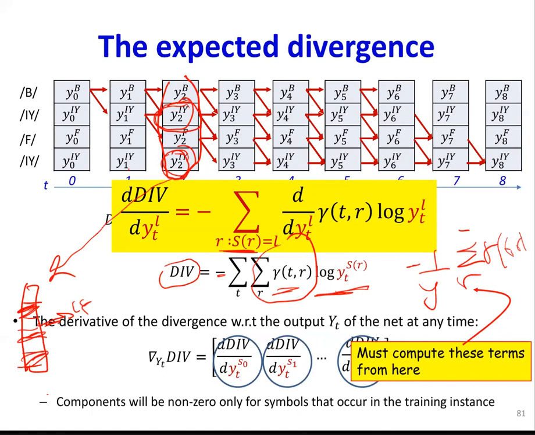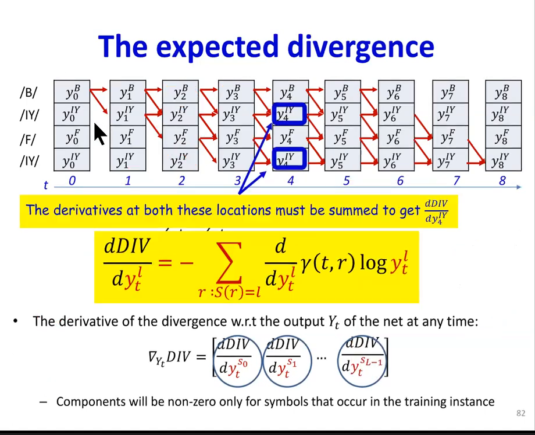Merin, did that answer your question? Yes, it's clear now. Okay, so that's very easy to compute, not fancy. And so basically, to get the derivative with respect to y of E, I must be summing the contributions of both of these. And so the overall derivative of the divergence with respect to the output of the network will have a bunch of zeros corresponding to symbols which are not here.